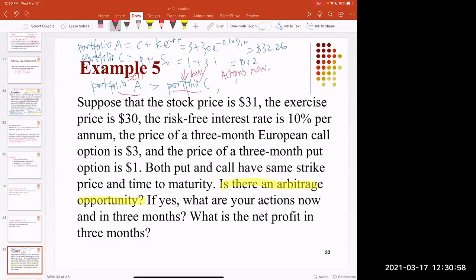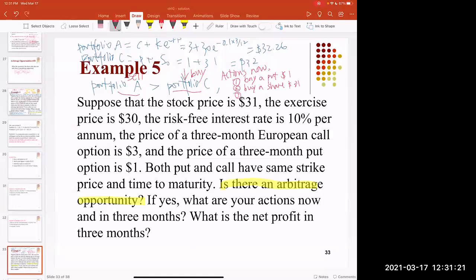First, you're going to buy C. Buy C means buy a put for how much? $1, right? You need to buy a put and buy a share of stock, for how much? 31.